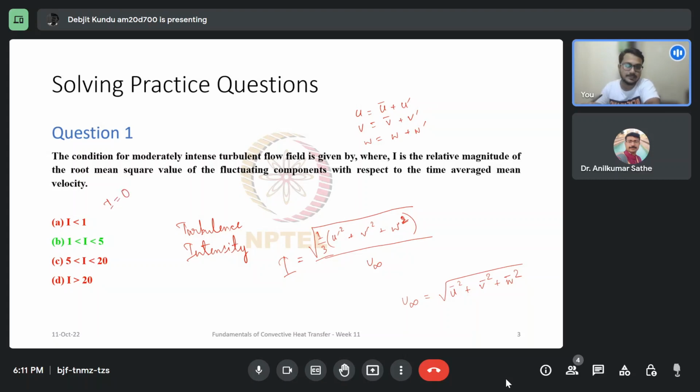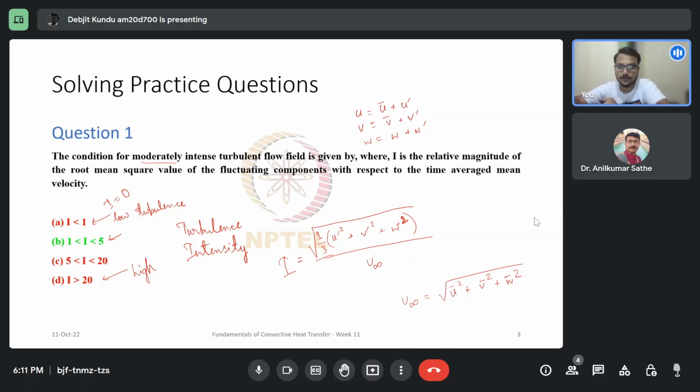If I is 0 or even close to 0, we can consider that to be laminar. If it's less than 1, then we can say that it is low turbulence intensity. If it's in between, we can call it moderate. And if it's greater, then we can say that it's high intensity. So that's all for this one.